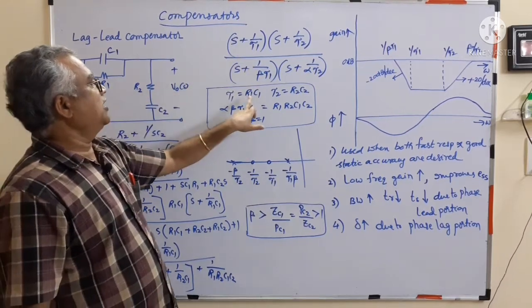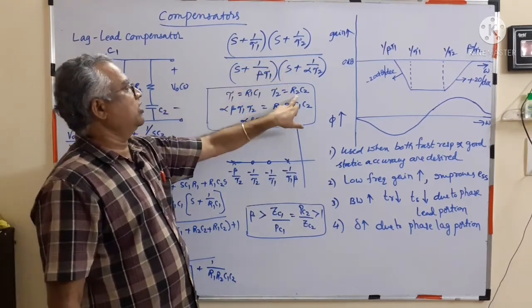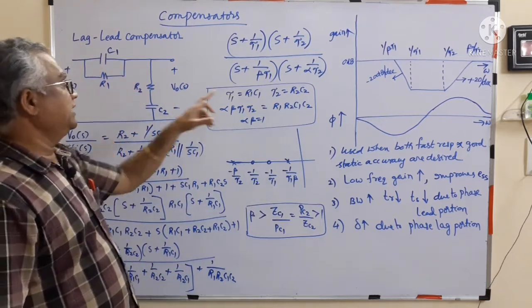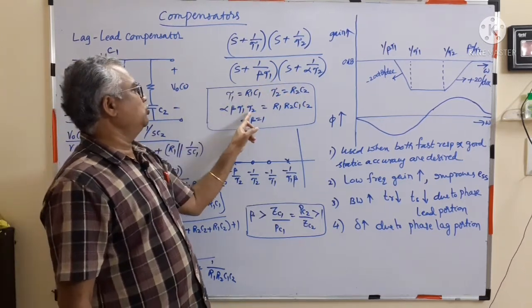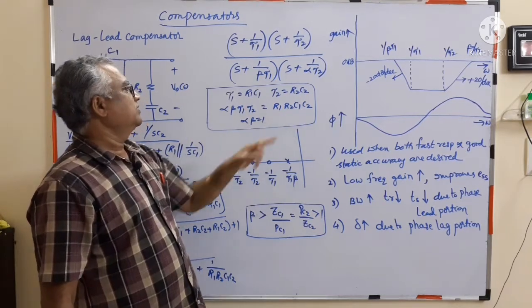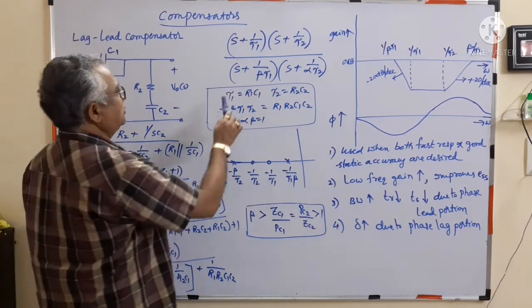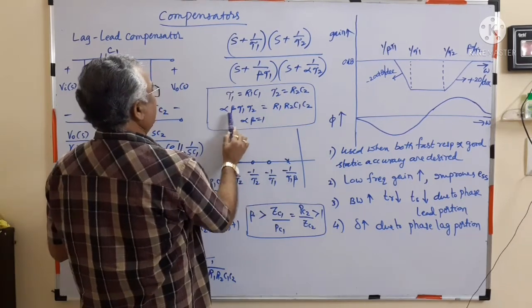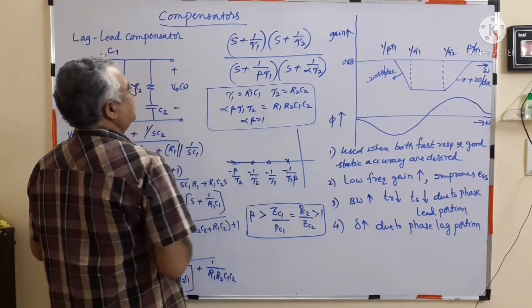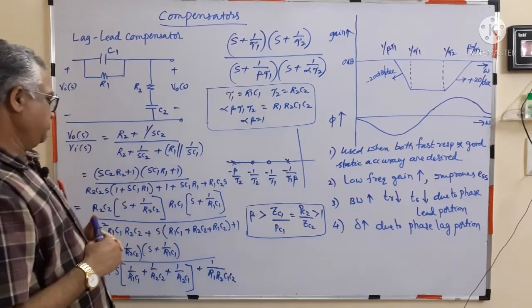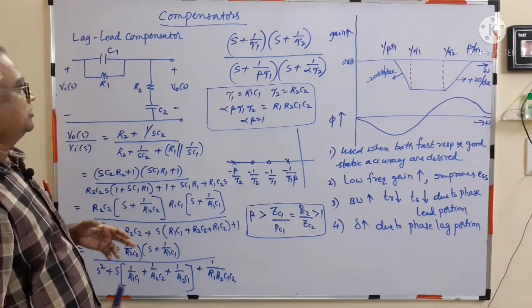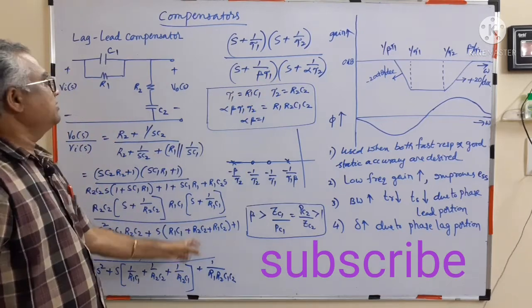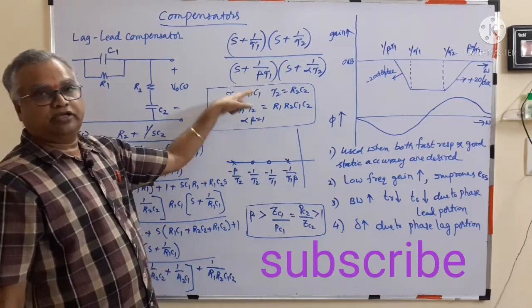Tau 1 is R1 C1, tau 2 is R2 C2, and alpha beta tau 1 tau 2 is this. But tau 1 tau 2 is itself R1 C1 R2 C2, so alpha beta must be 1. Multiply and compare, you get this only.